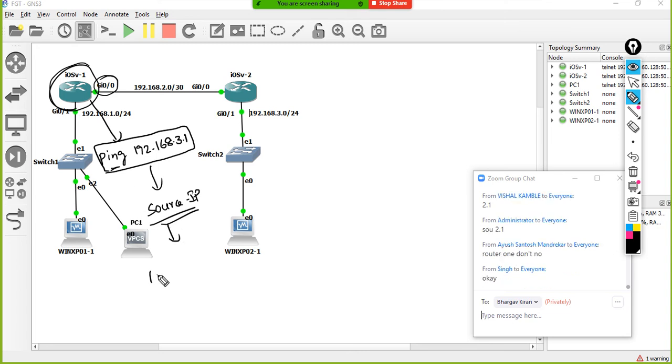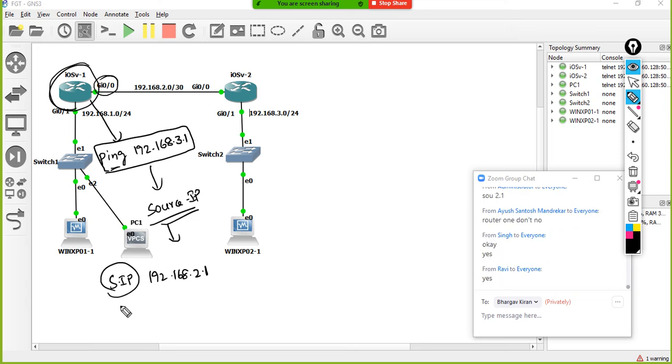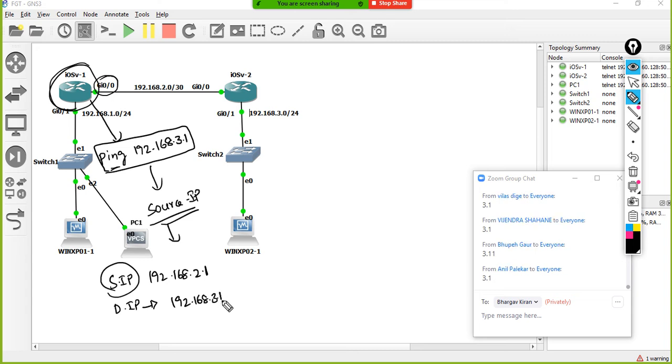So here, 192.168.2.1 is the source IP. Agree, everybody? Now, what is the destination IP it is trying for? 192.168.3.1.